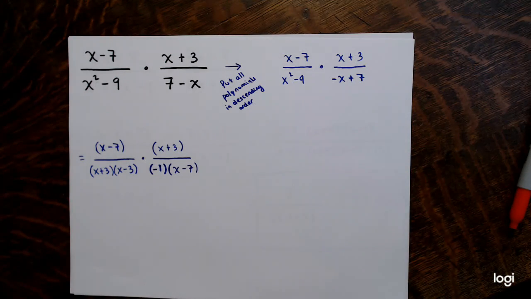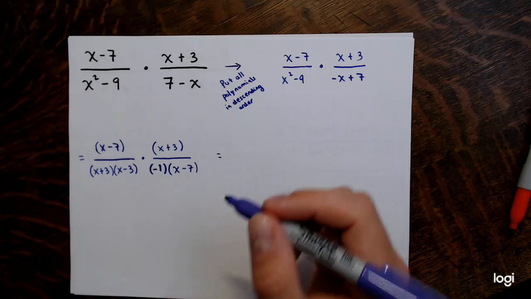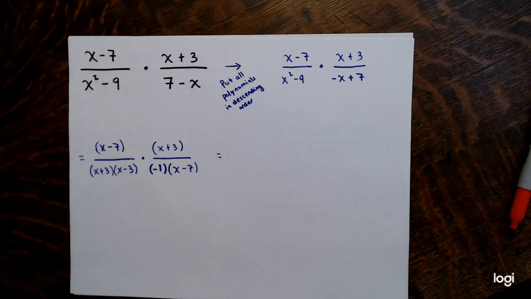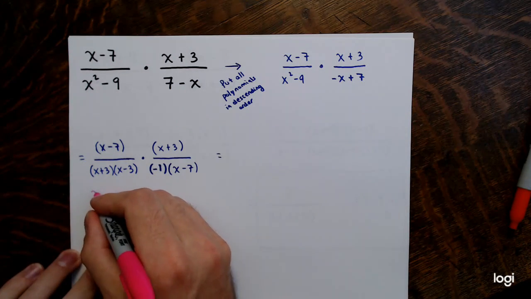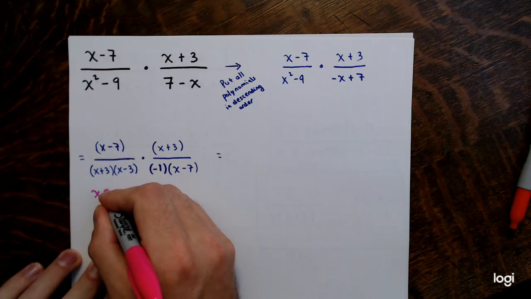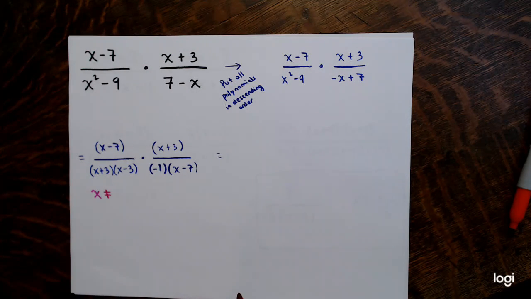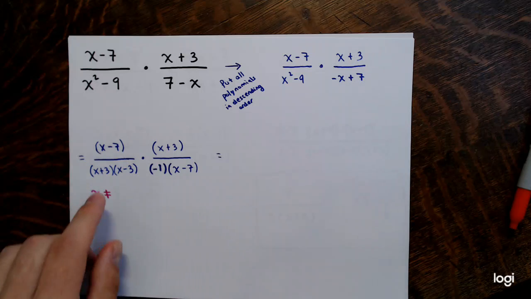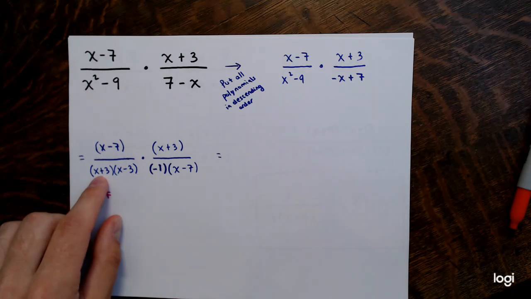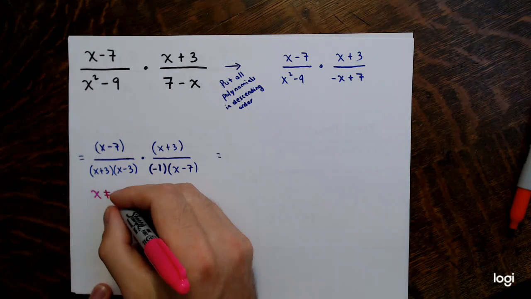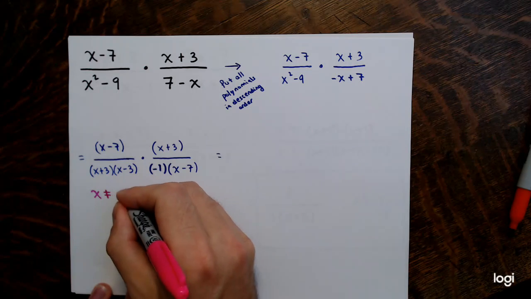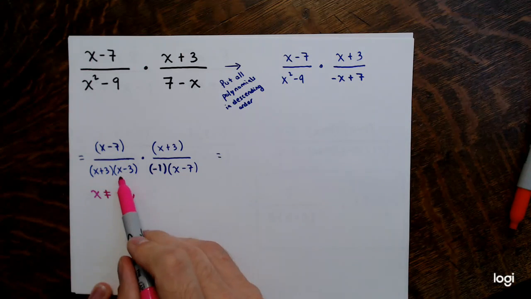Okay. And then below that, again, I'm going to point out the values of x that I cannot plug in. Again, I'm only looking at the denominators. So this factor in the denominator, this x plus 3, can't be 0. So that means x can't be negative 3. This factor of x minus 3 can't be 0.